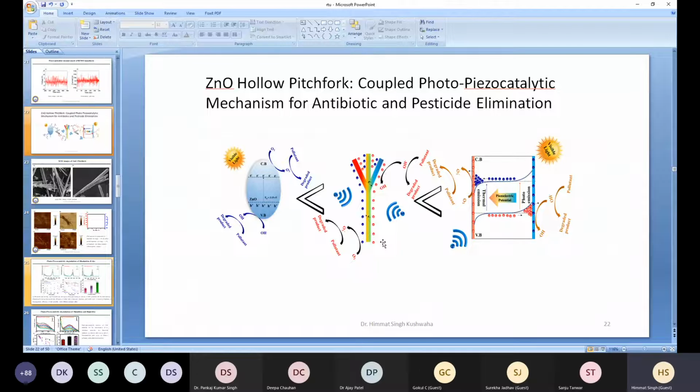And in this schematic you can see the charge transfer by the light irradiation and the piezoelectric domains, the surface potential generated by this piezoelectric force, and then this charge carrier and this surface potential both result in the degradation of the pollutant.